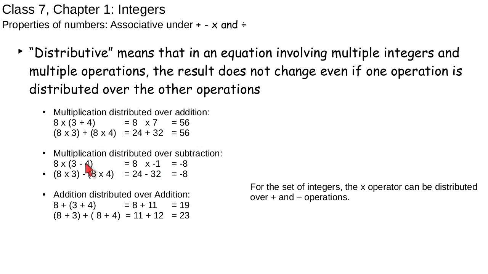Now what happens if you distribute multiplication over subtraction? 8 into (3 minus 4). This, when you try to solve, becomes 8 into minus 1. 3 minus 4 is minus 1, which results in minus 8.